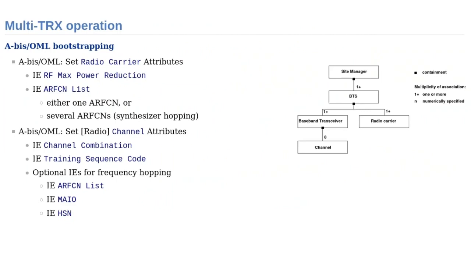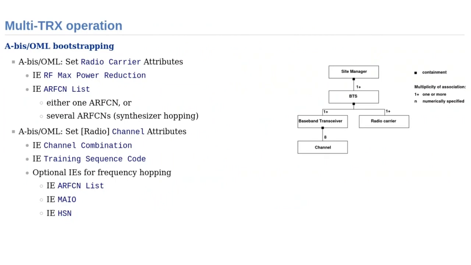And for every time slot, you would receive set radio channel attributes message where you have some mandatory information elements like channel combination and training sequence code again, which is a part of base station ID code, if I remember correctly, and two additional optional information elements that make sense only if frequency hopping is in use, and I will talk about those parameters later.